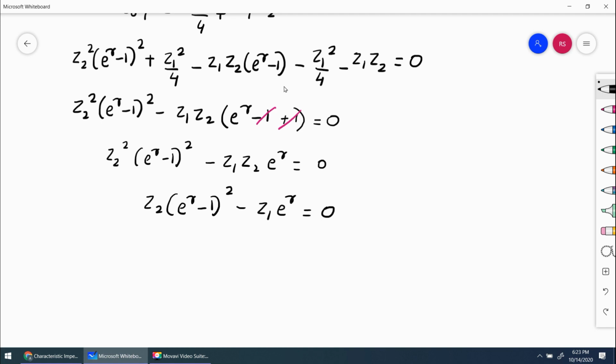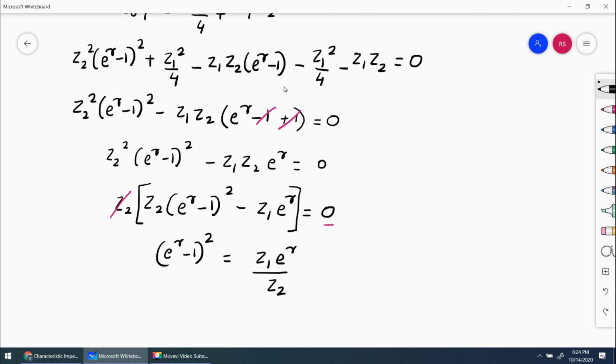Because Z2 is common, this will get cancelled because of 0, and what we have is e to the gamma minus 1, the whole square, is equal to Z1 e to the gamma by Z2.